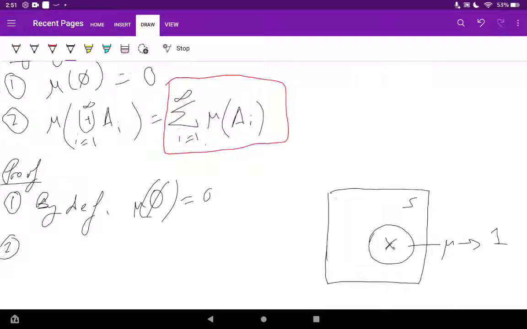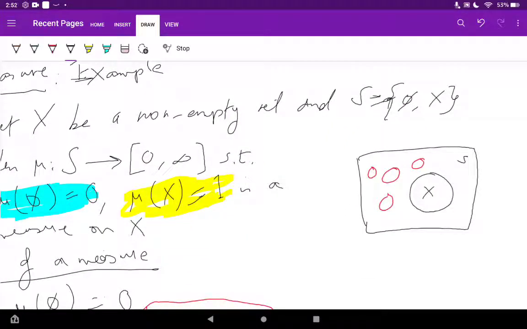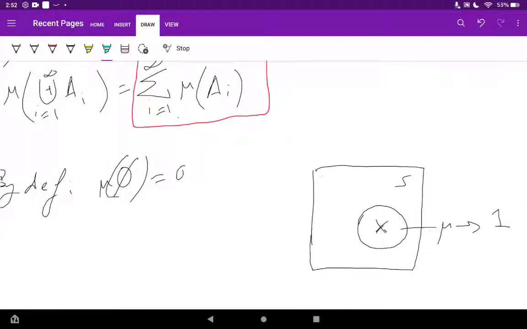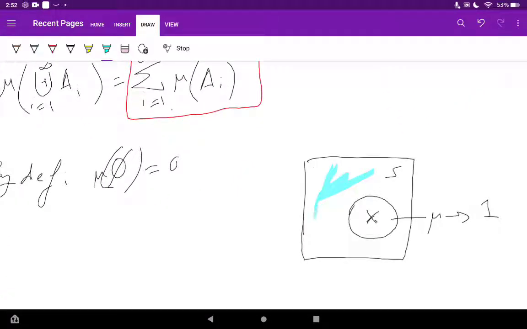Now from the question we know that S contains only the empty set and X. So when I draw this diagram, you can automatically see that this outer area, which I shaded blue earlier, is nothing but the empty set. You can randomly pick any point from here.